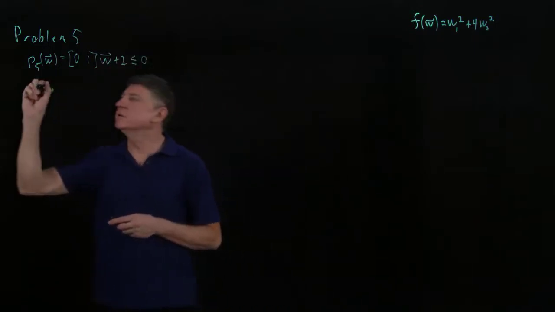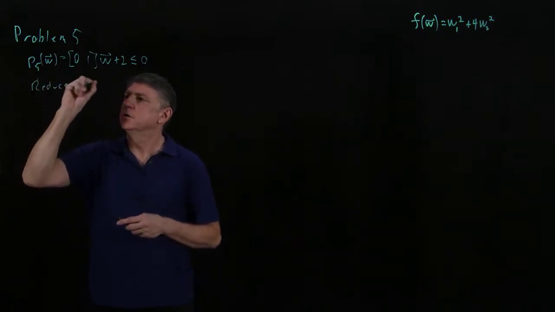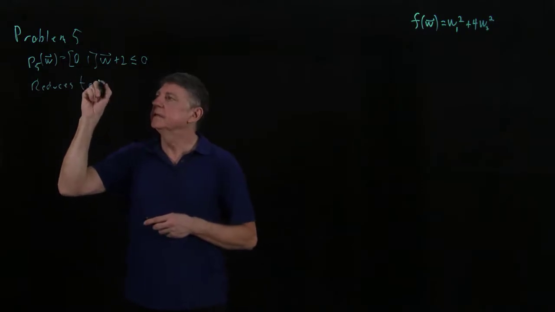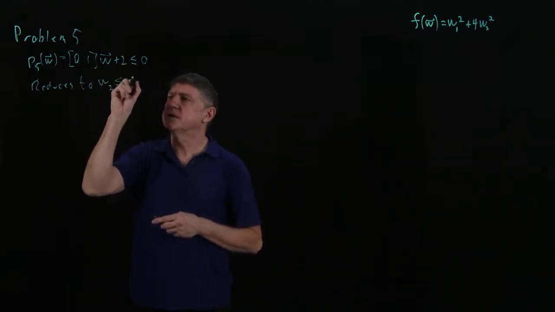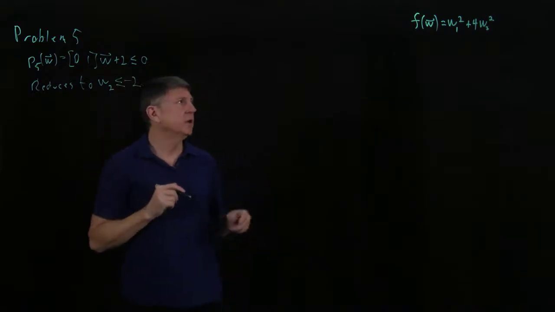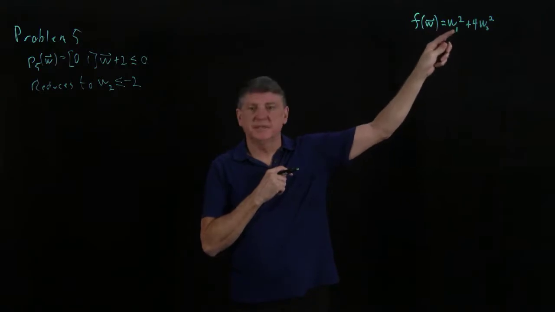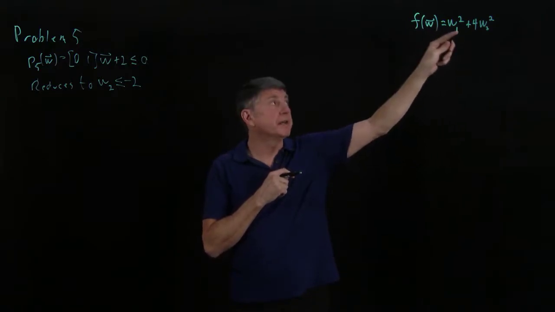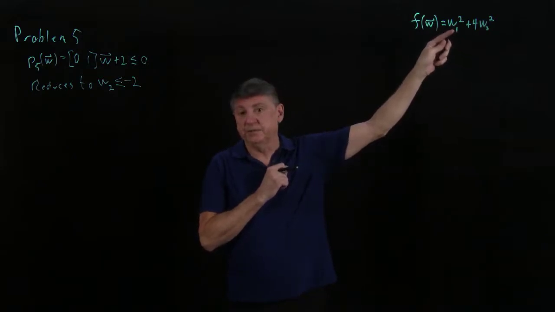And that reduces to the second entry has to be less than or equal to minus 2. We can see immediately that a solution to the unconstrained problem, in fact the global minimizer, is at the origin. It's at 0.